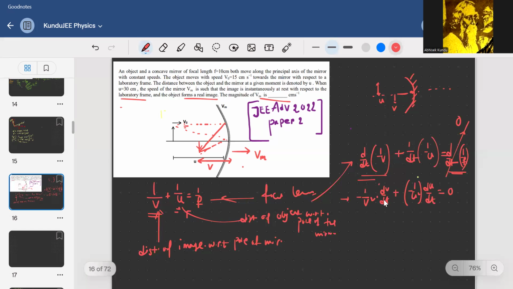Now what is dv/dt? The velocity of image with respect to the mirror. Right? So we can write that dv/dt is the rate of change of image distance with respect to the mirror.